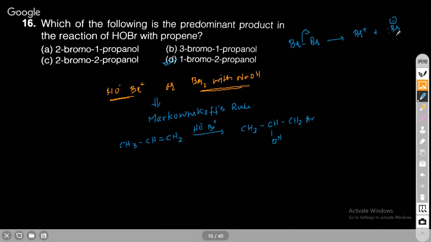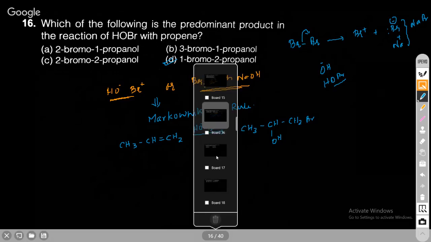NaOH gives Na plus, so this Na plus will take this Br minus, forms NaBr, right? And OH minus will attach with this Br plus, so it forms HOBr. That is how it happens. Correct? Next one, what is the answer?